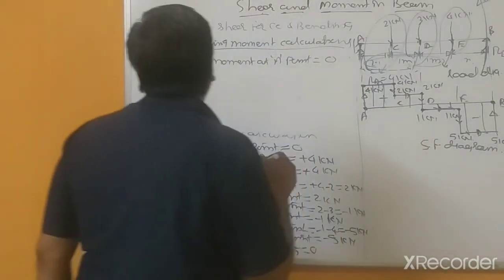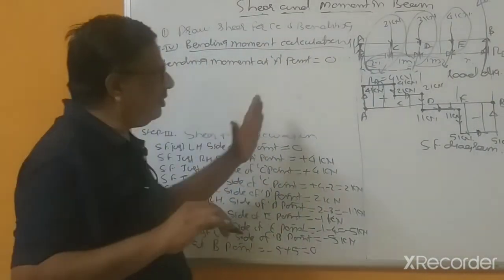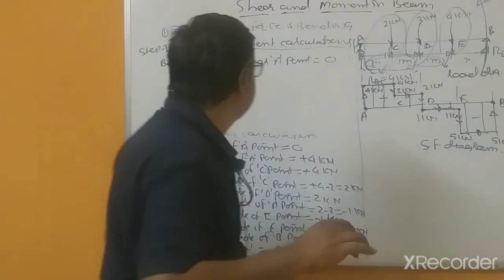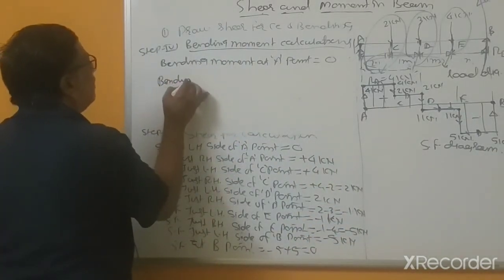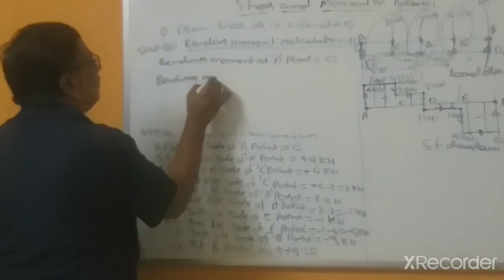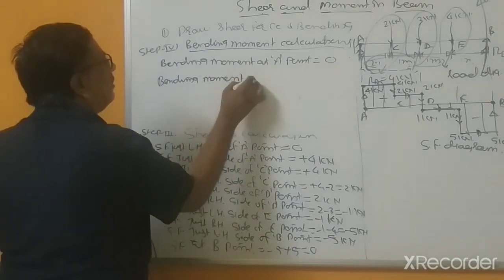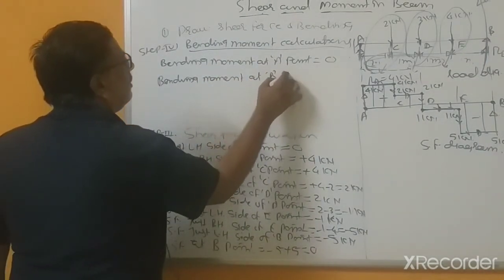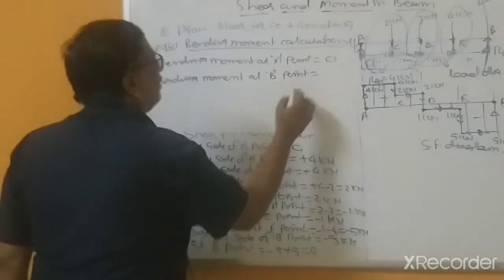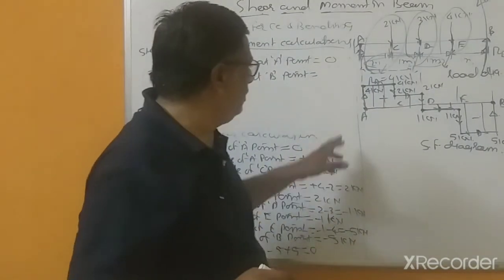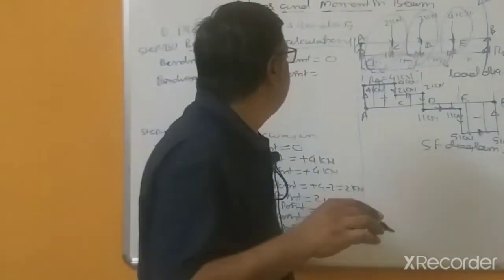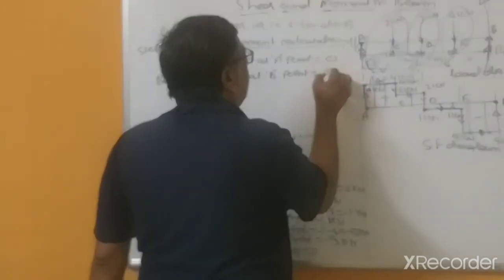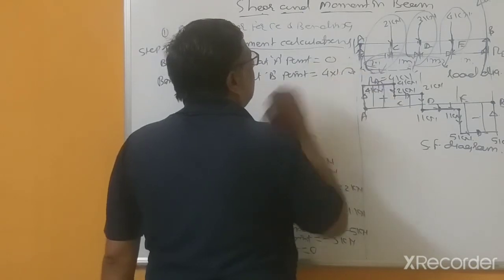At C point, because we are starting from the left-hand side, the bending moment at B point is equal to force 4 kilonewton and distance equal to 1. So that's 4 multiplied by 1, and the direction is clockwise.